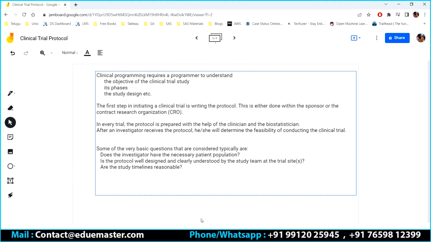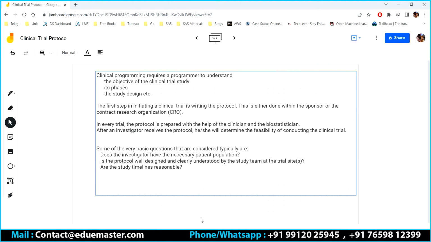Once the investigator receives the protocol, let's say I received a protocol, I cannot blindly start my clinical trial. I need to check the feasibility, right? Whether these clinical trials are possible or not, whether they are realistic or not. If they are realistic, then only I can enter into the clinical trial.